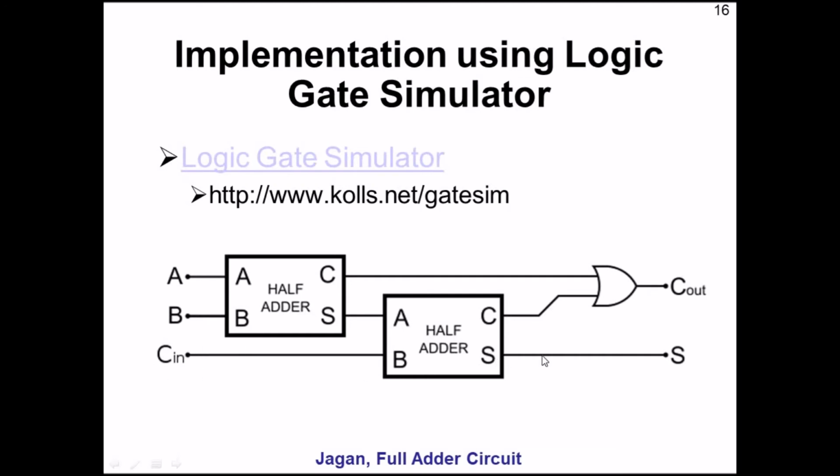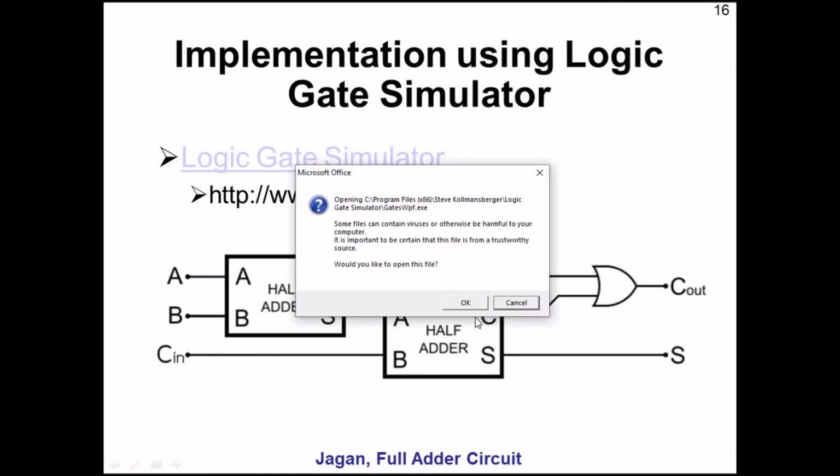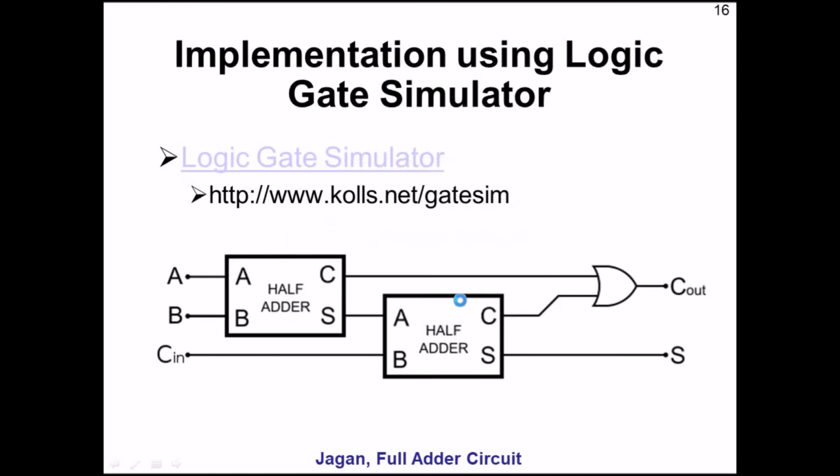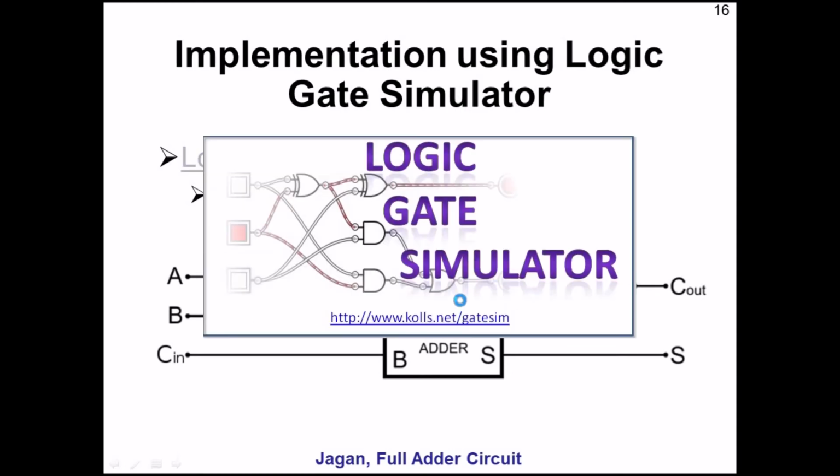Finally, the sum I get is the sum of the full adder circuit, and both the carries are added together, where I will get my carry out of the full adder circuit. So let's go to the design of the full adder in the logic gate simulator.